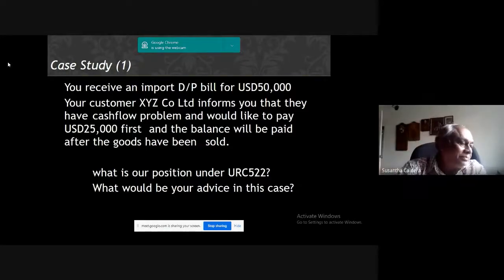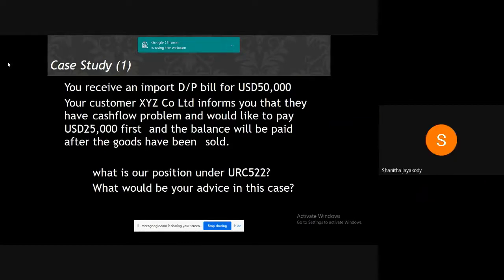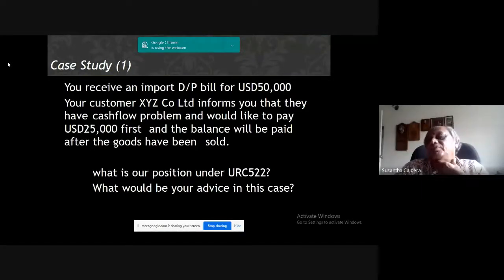Get the advice from the remitting bank on the situation. No way. The remitting bank wants, it's like Shylock. They want the flesh, 1 pound. They want the full money, 50,000.